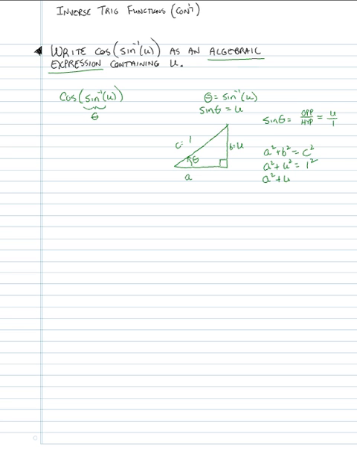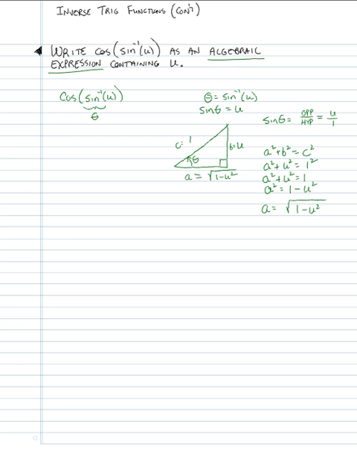That ends up a squared plus u squared is equal to 1, or a squared is equal to 1 minus u squared. But since a is the length of a side, a itself is the square root of 1 minus u squared. So that's how we can measure this adjacent side.